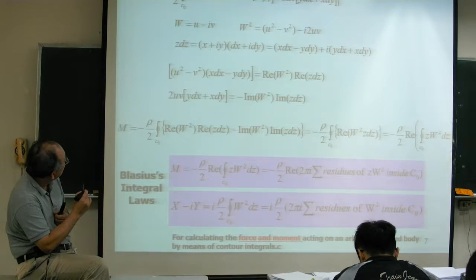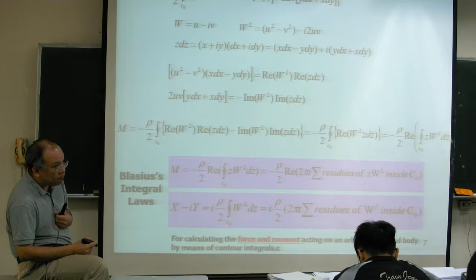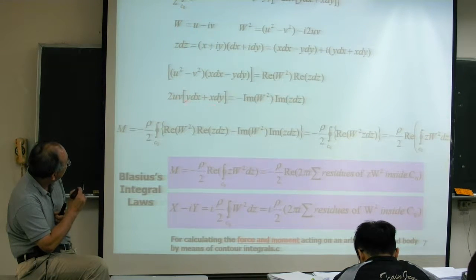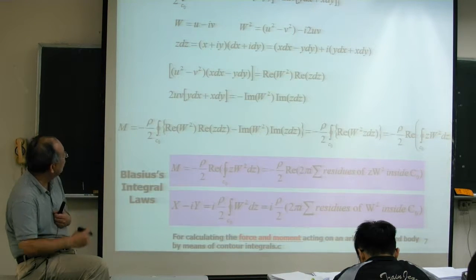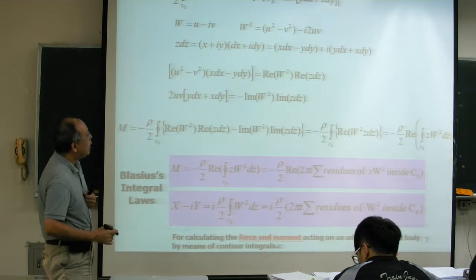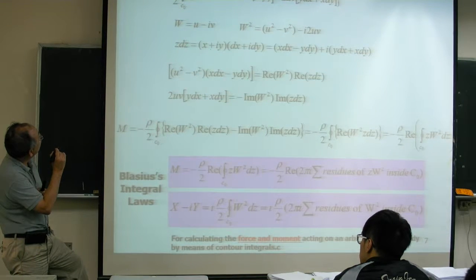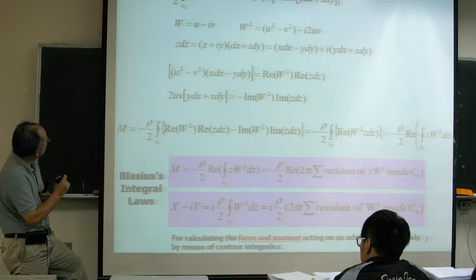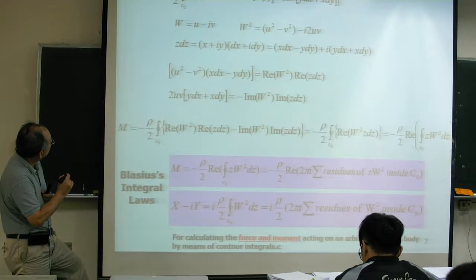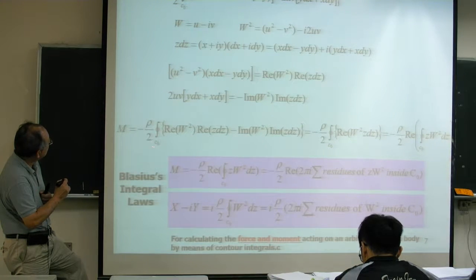And the second term for our moment, you can find, is equal to the imaginary part of W squared times the imaginary part of Z dz, and take the minus sign. You can get this term here. So finally, our moment is equal to minus rho over 2, take a closed loop integral with a contour C sub 0.